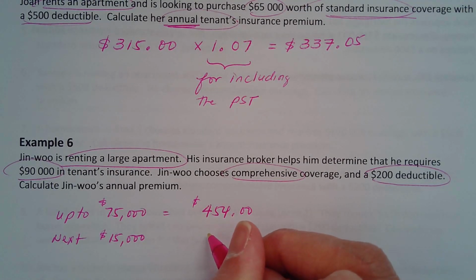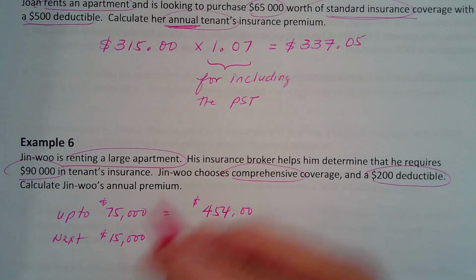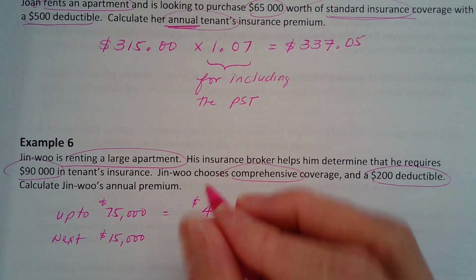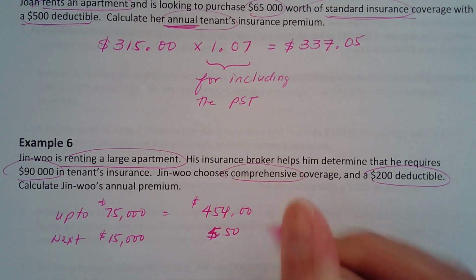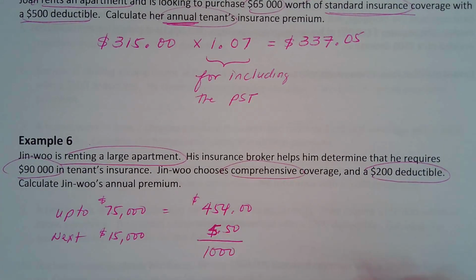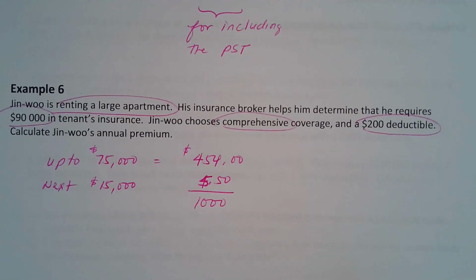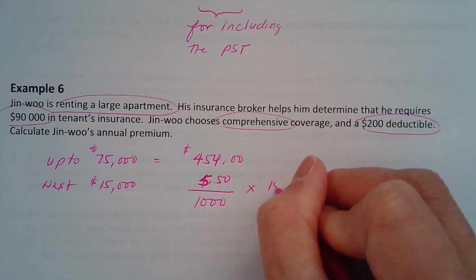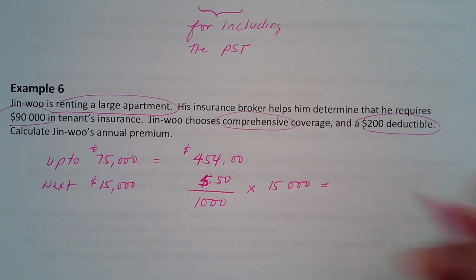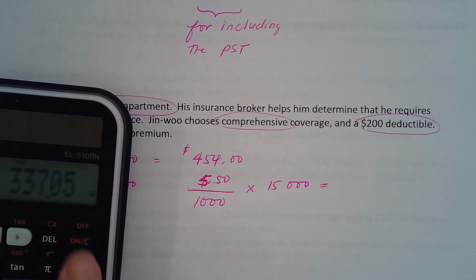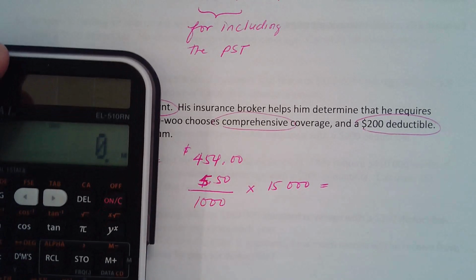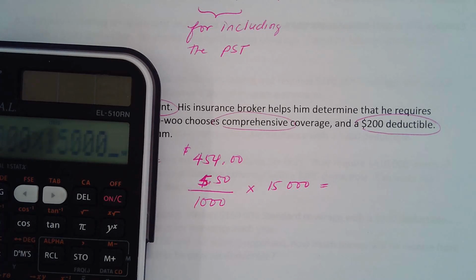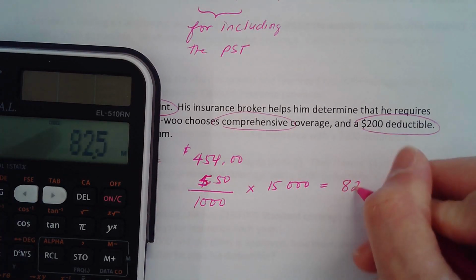It's $5.50 per thousand, times 15,000. So how much is that? 5.50 divided by 1,000 times 15,000 is 82.50.